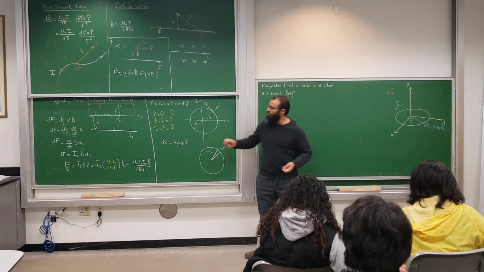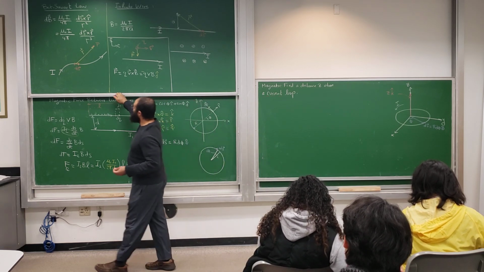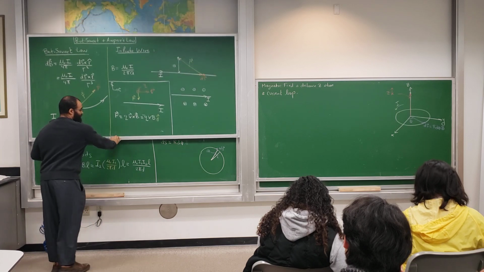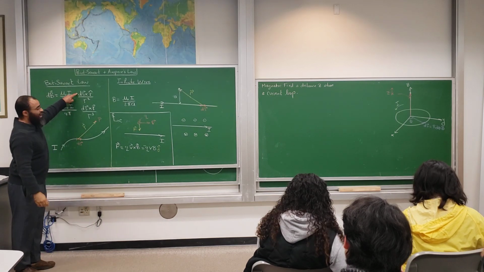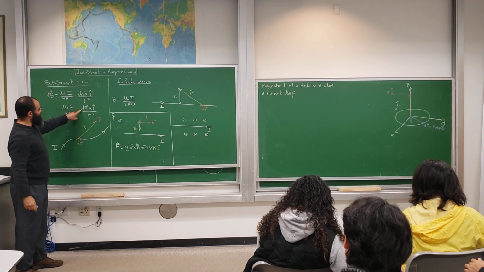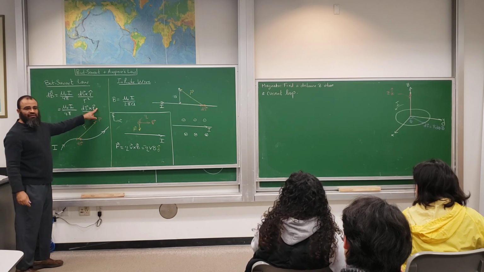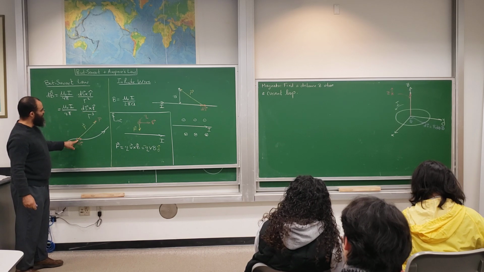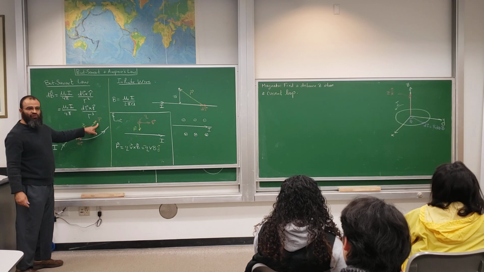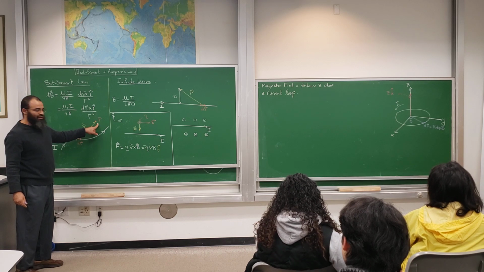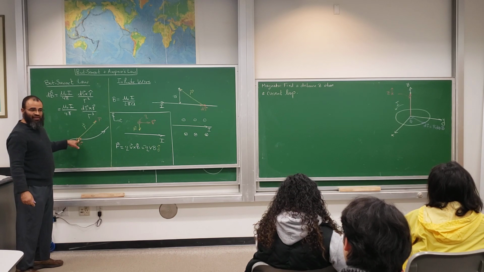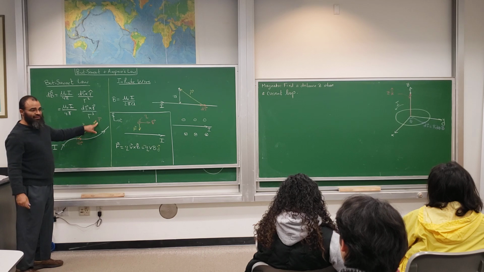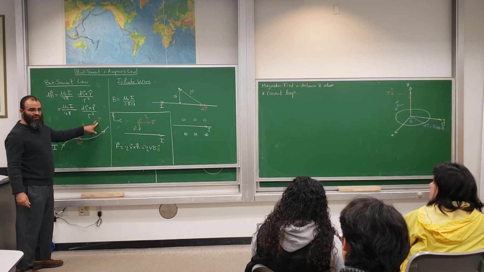To apply the Biot-Savart law, I have ds, and I need the vector r. R is a vector that starts at ds and ends at the point P where we want to find the magnetic field.